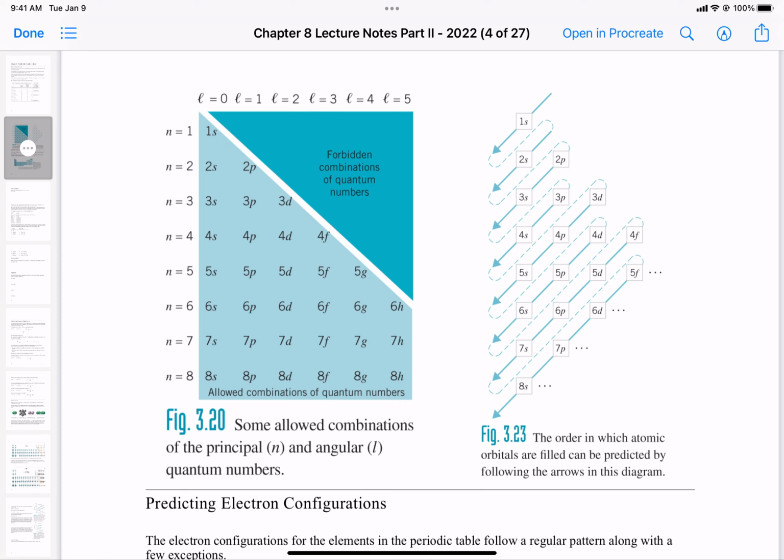Okay, so the order of filling goes along with the periodic table, but we can also think about this diagram here on the right, the order of filling, where electrons fill the orbitals.